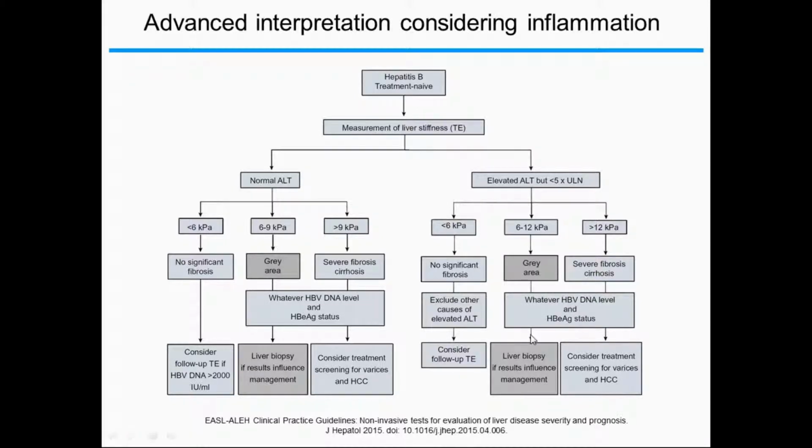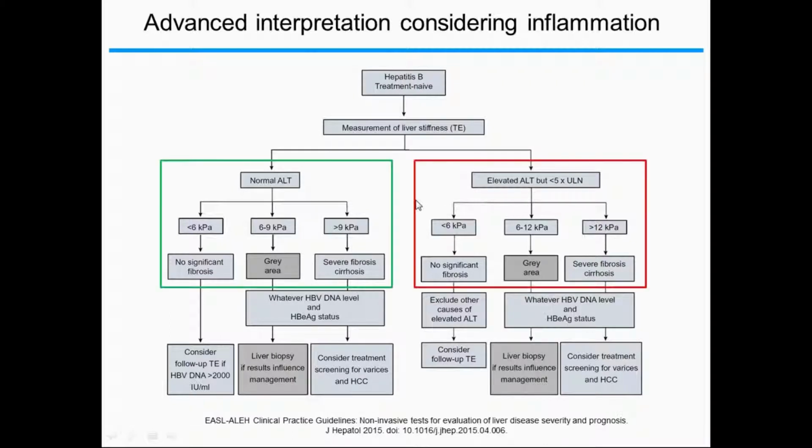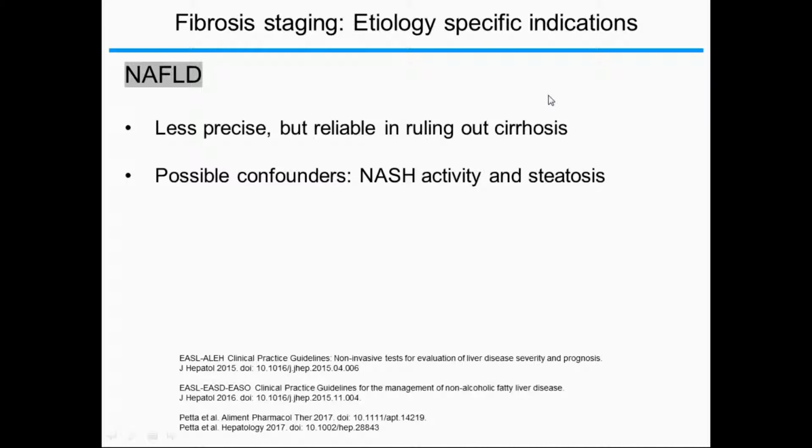Again, we can have a look at the current EASL guidelines, and as you can see here, you need to stratify patients by the presence of ALT elevation. So you will find different cutoffs for severe fibrosis or cirrhosis in patients with normal ALT compared to those with ALT elevation. Special attention should be paid to patients with high ALT values above 5 times the upper limit of normal. There, the measurement might not be accurate.